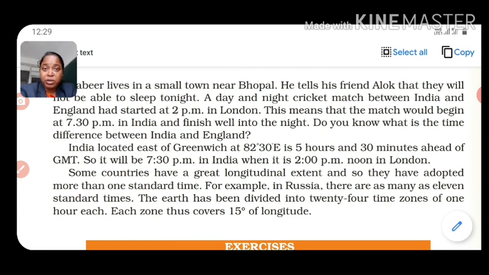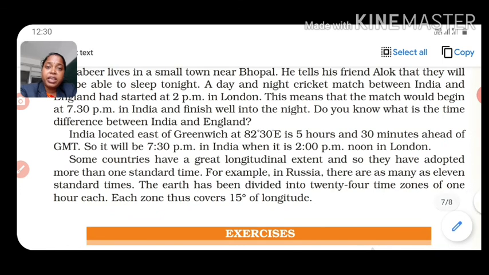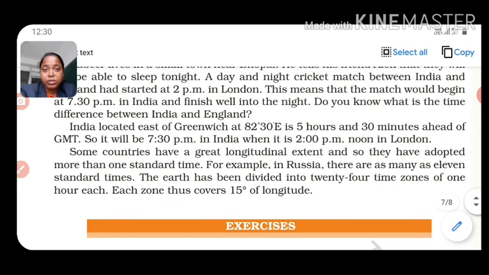You should remember that. When we calculate timings, the meridians are divided at 15 degree intervals. Like this, the Greenwich time zone is divided in most areas of the world, and it's also calculated as the world time zone.